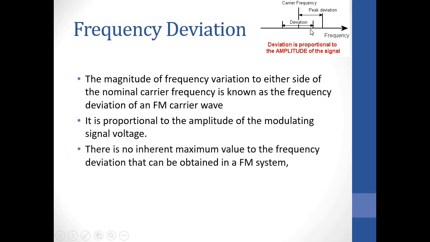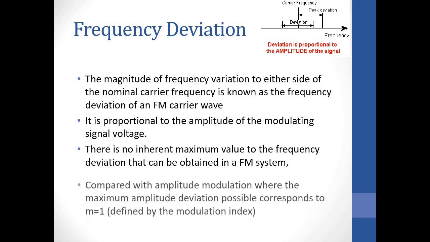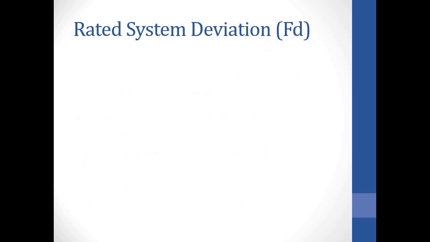So there is no maximum value. You can actually deviate to any value. It is possible for an FM signal to deviate. But because one can deviate to either side, it doesn't mean that when you deviate to a certain value, you are deviating within your allocated bandwidth.